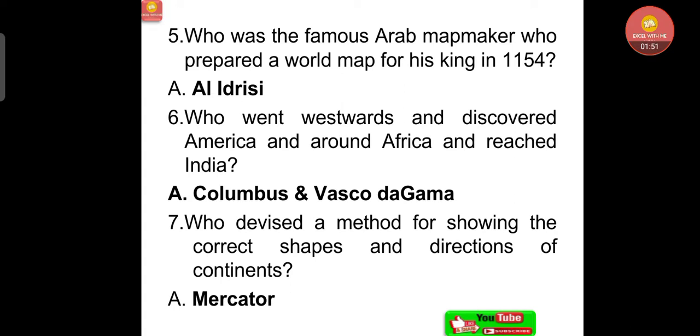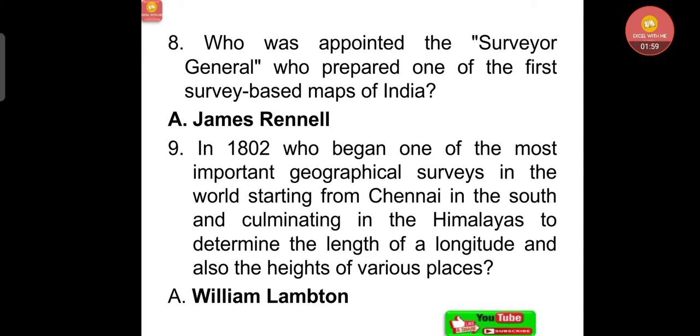Next question, who devised a method for showing the correct shapes and directions of continents? That is Mercator. Who was appointed the Surveyor General who prepared one of the first survey based maps of India? That is answer James Rennell.